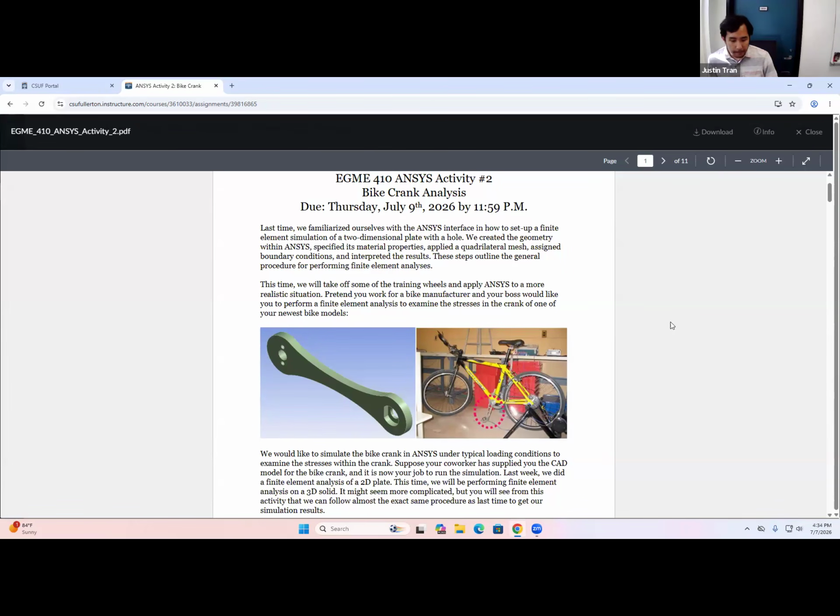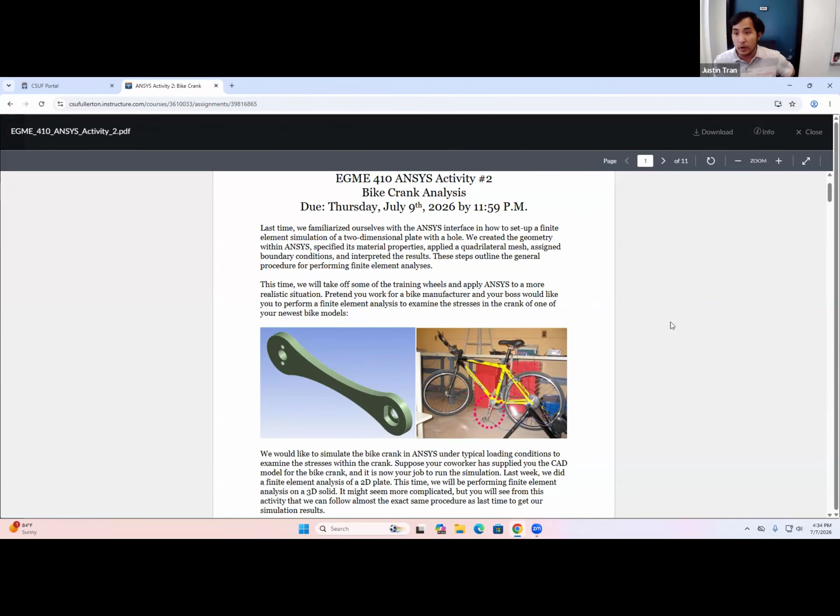Activity 2 is going to be our first exposure to using ANSYS to actually do something useful. In activity 1, we did the simulation on the plate with a hole. It's a great introductory activity, but not very physical or applicable to the real world. In activity 2, we're going to answer an important question using simulations.